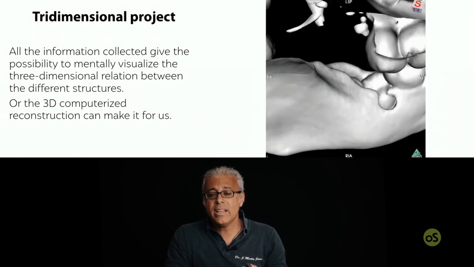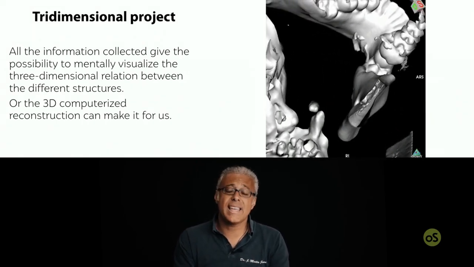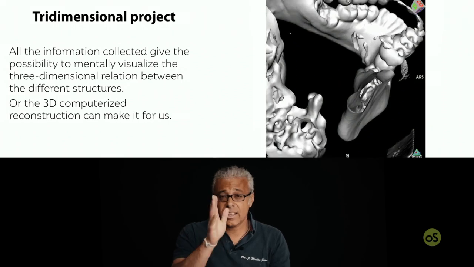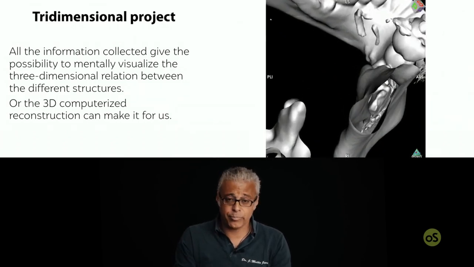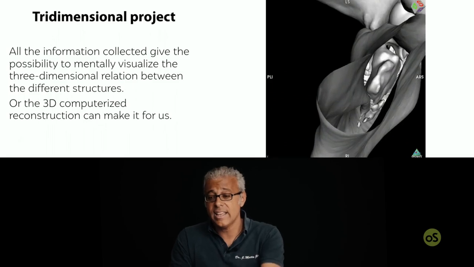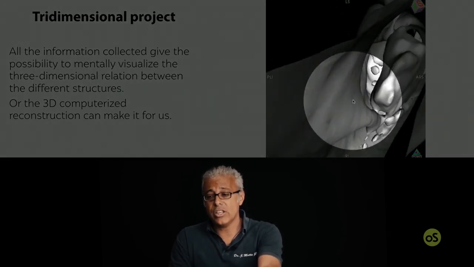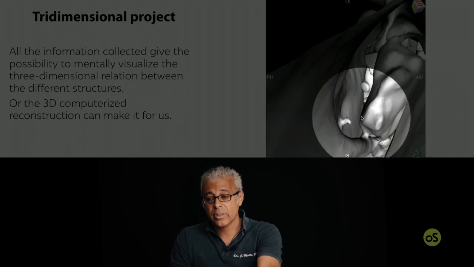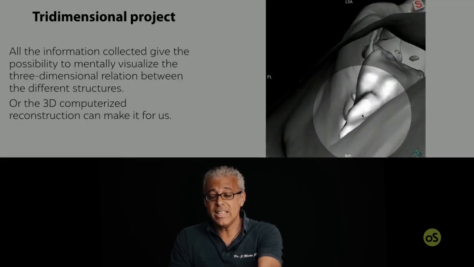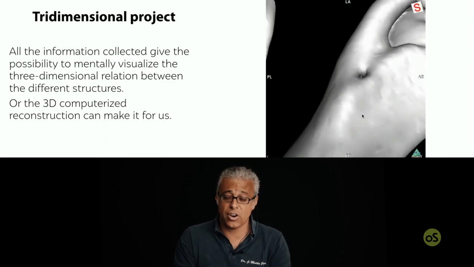We can also make three-dimensional projects. We have the CBCT scan, which gives us the cutting of all the planes, but a 3D reconstruction like this can show us exactly how the nerve is going to appear in the surgery, and to see if there is correspondence and if the two structures are adjacent.